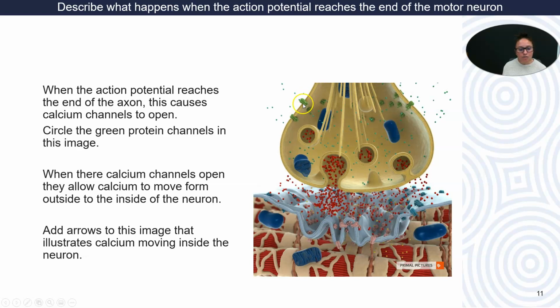So when they are open, calcium, which are like the little green balls here in this picture, move from outside of the neuron to inside of the neuron. Okay, so add arrows to this image and circle all of the different calcium channels, so you kind of do that and it will help you remember later on.